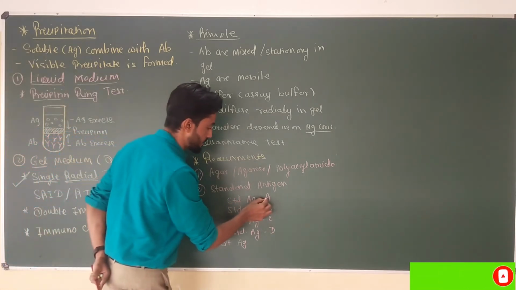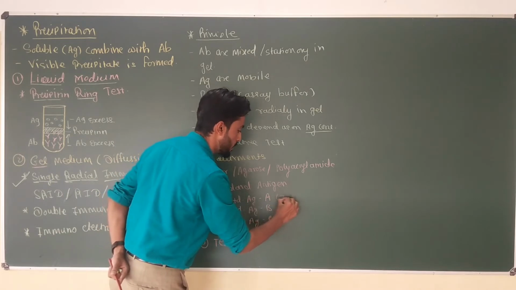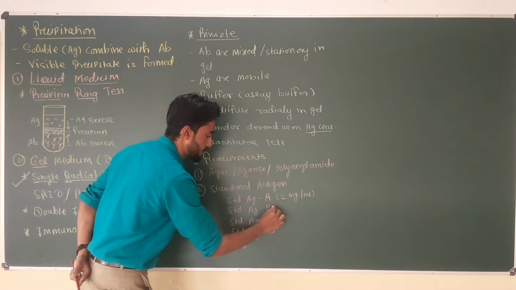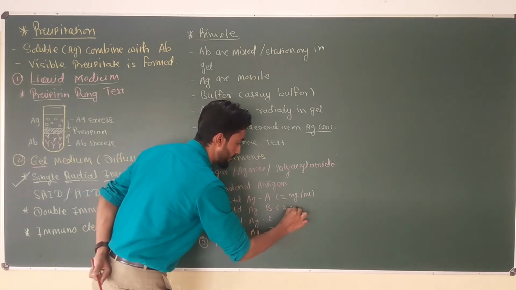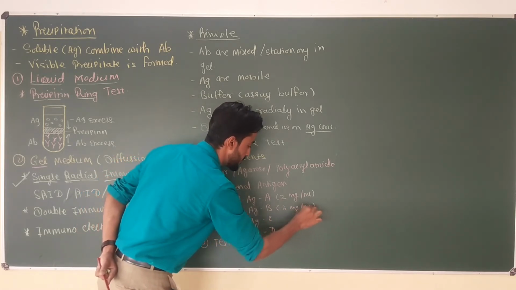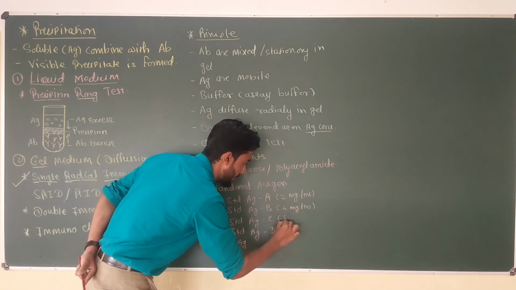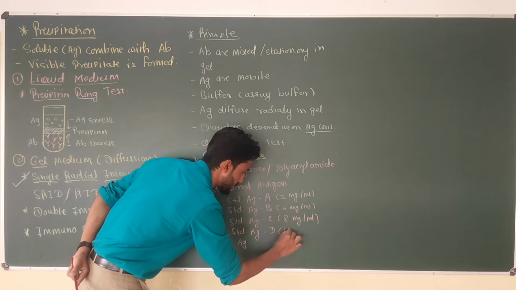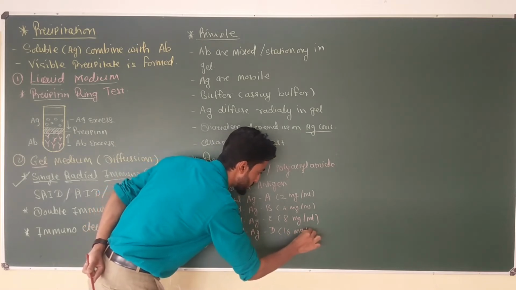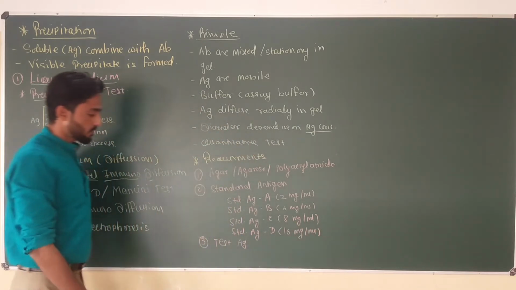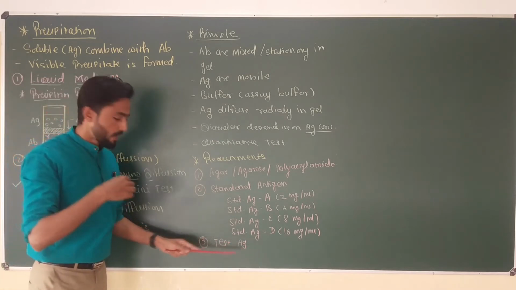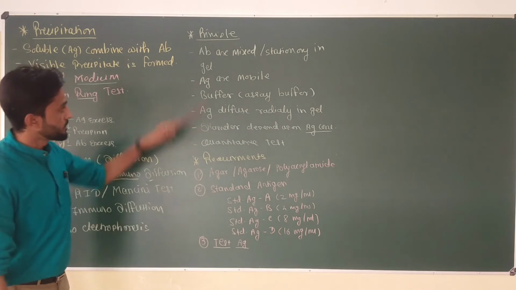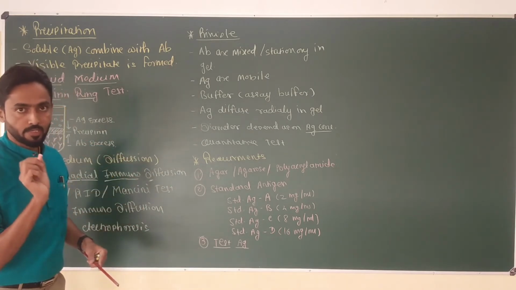For example, suppose this standard antigen A has a concentration of 2 milligram per ml. Similarly, B has 4 milligram per ml, C has 8 milligram per ml, while D has 16 milligram per ml concentration. Now the concentration of the test antigen is unknown, and we want to find it out using the single radial immunodiffusion technique.